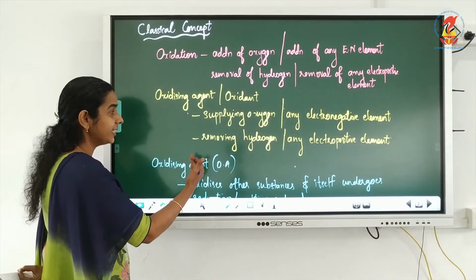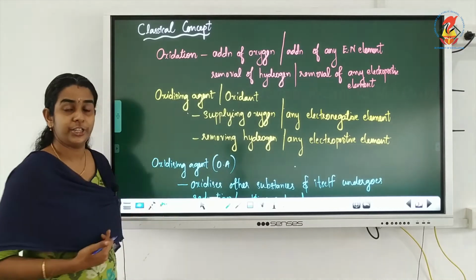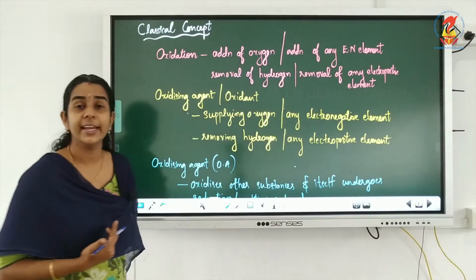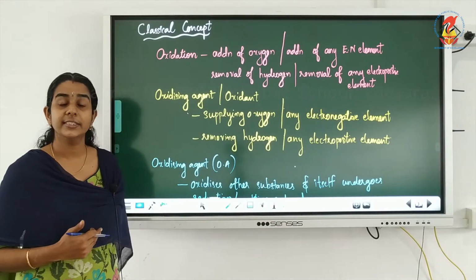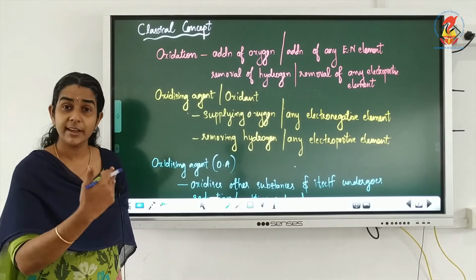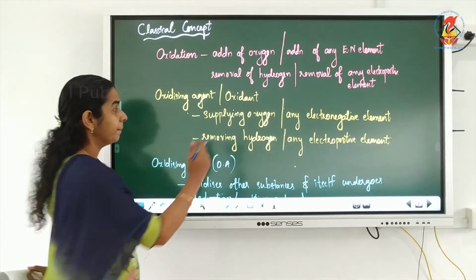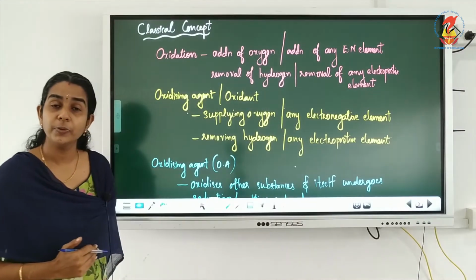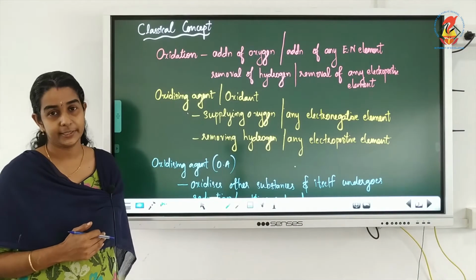Yes, the substance which removes hydrogen or which can remove any electropositive element will be acting as the oxidizing agent. It will be oxidizing other substances by removing hydrogen or by removing any electropositive element like metals.